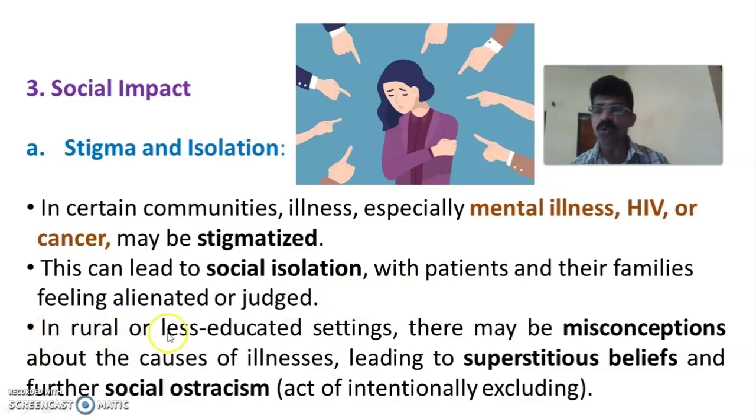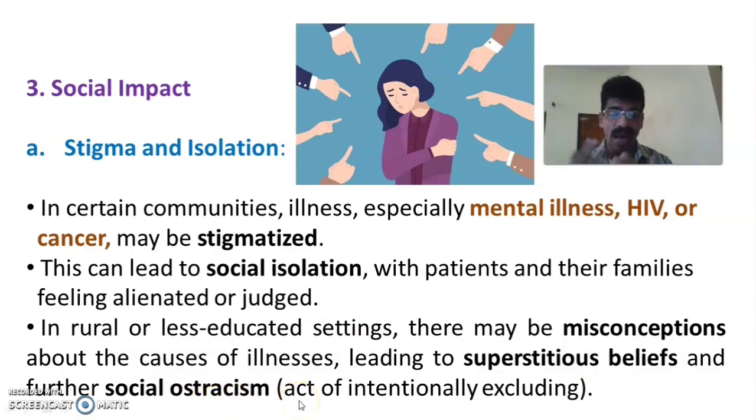Then in rural areas or less educated settings, there may be a number of misconceptions about the causes of illness. They believe that illness is from evil spirits or related to past sins, etc. That may lead to superstitious beliefs that further cause social ostracism.